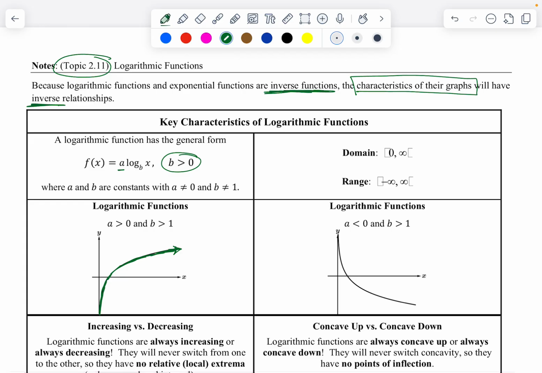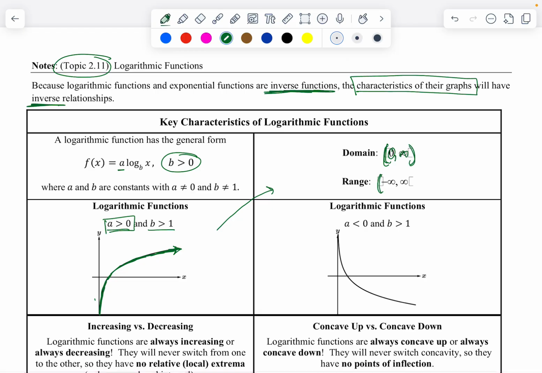when a is greater than 0 and b is greater than 1, this is the big difference between these two, your domain, I know you can't see this, but your domain is parenthesis from 0 to infinity, and this is a parenthesis.